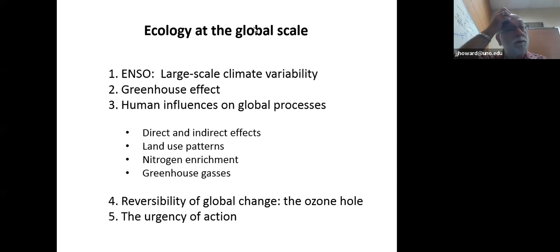And then we'll drill down on 3 topics. We'll look at land use patterns. We'll look at nitrogen enrichment in the environment. And we'll look at greenhouse gases, okay, and talk about how they then sort of scale up in their effects to have global effects.